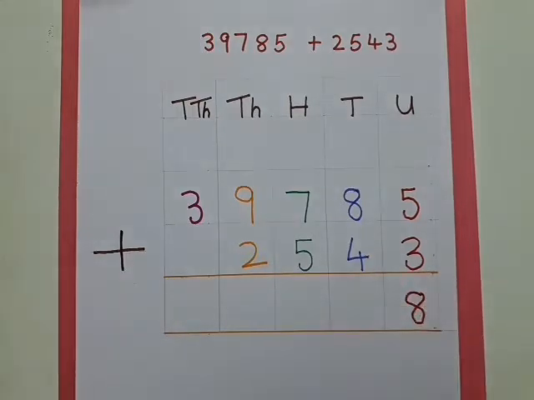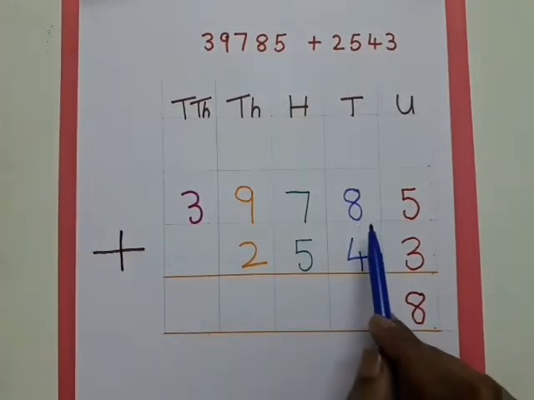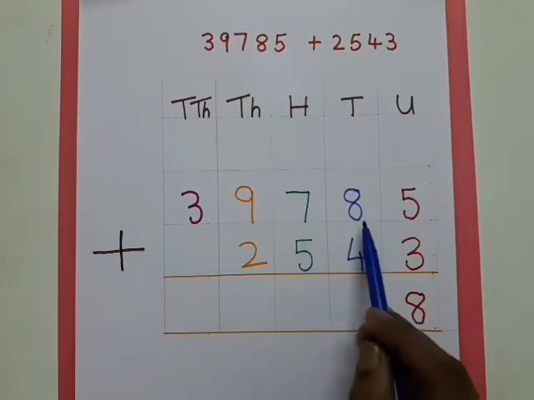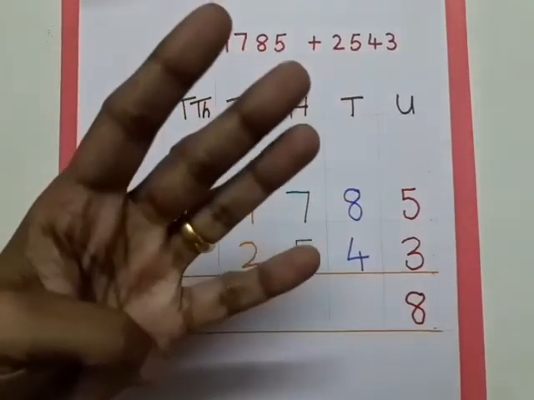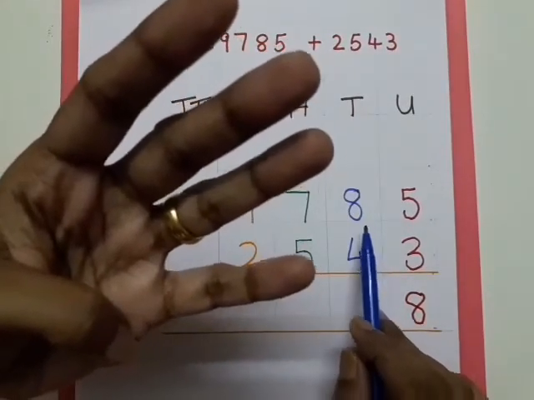Now we'll come to the tens place. Now in the tens place you have 8 and 4. Means 8 is in your mind, 4 you will show by your fingers. So 8 is in the mind, 4 on your fingers. Now we'll start counting after 8.